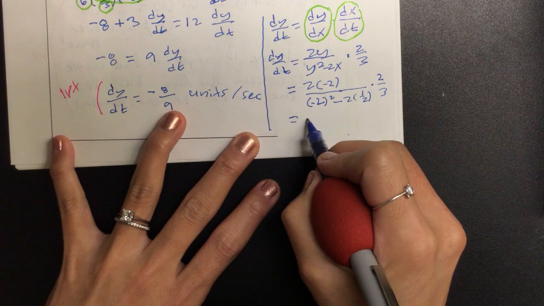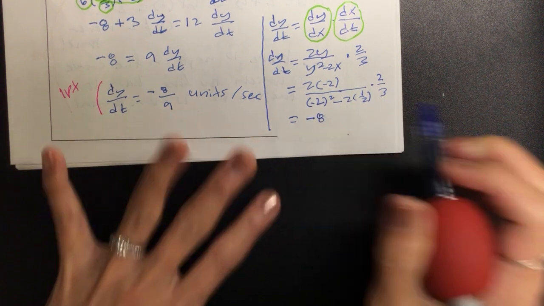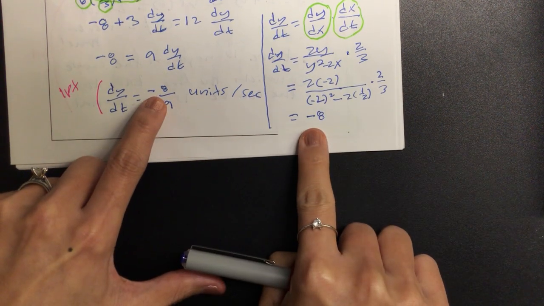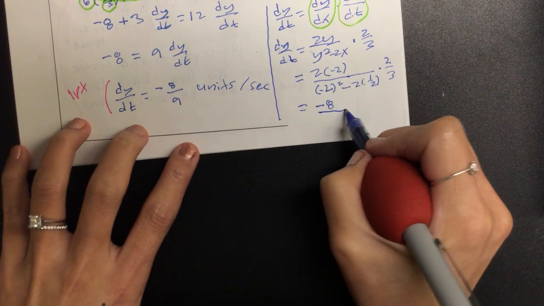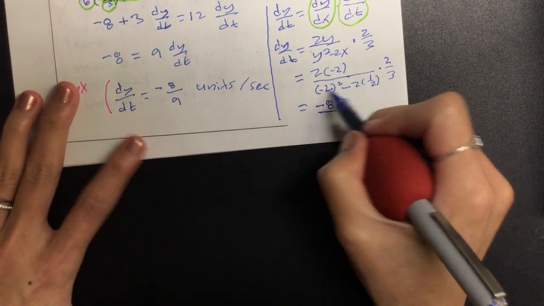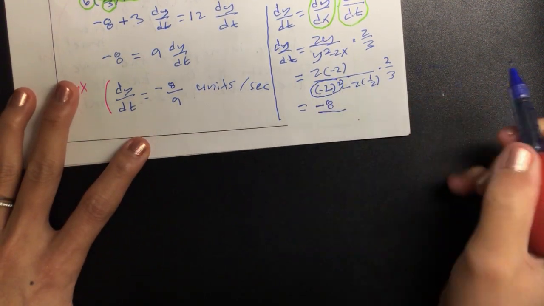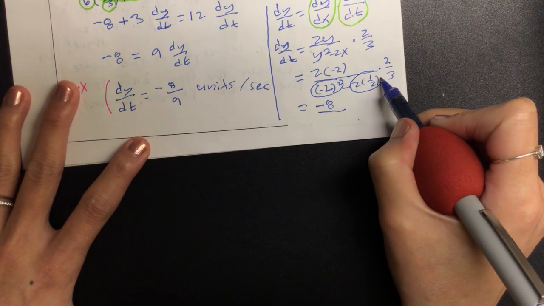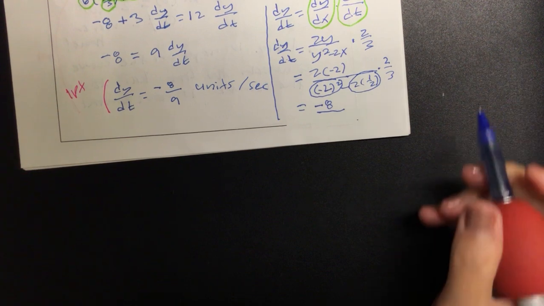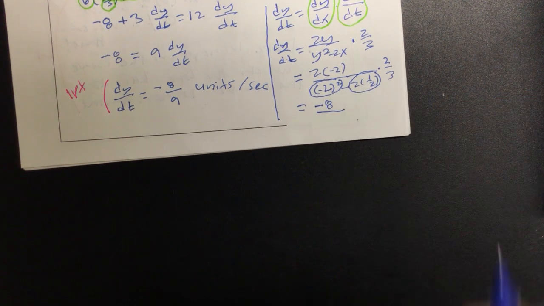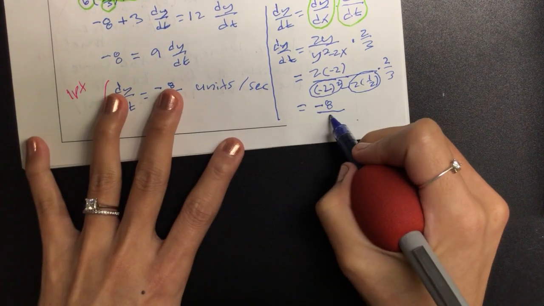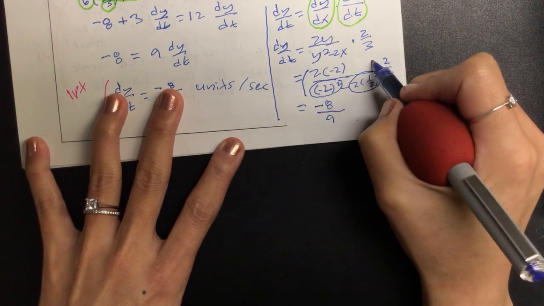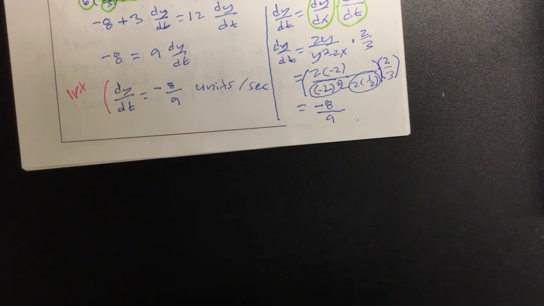Negative 8. We're kind of there, huh? We're hoping the bottom is going to be 9. That gives us 4, correct? What is 4 minus 1? 3. And what is 3 times 3? 9. Technically that was all just parentheses, if that helps you. So if you see it that way, cool.